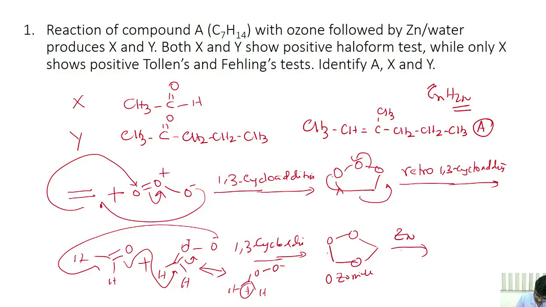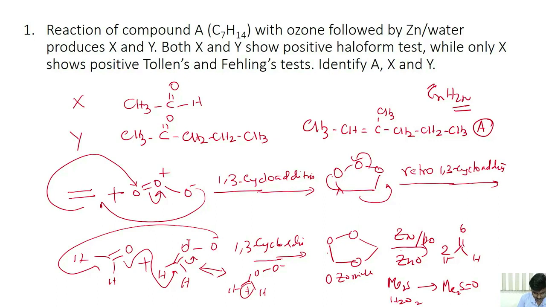When you use zinc in water, zinc will be converted into zinc oxide and this will be reduced into aldehyde. In place of zinc, you can also use dimethyl sulfide, which will be oxidized to dimethyl sulfoxide, and you will be able to get aldehyde. You can also use hydrogen peroxide, when it will be converted into carboxylic acid by oxidative cleavage.